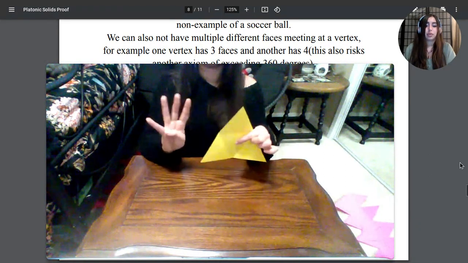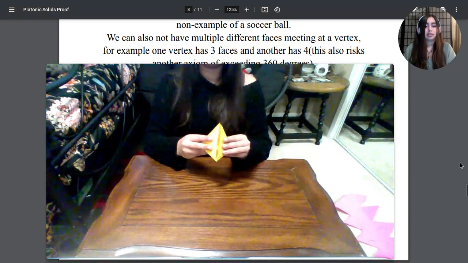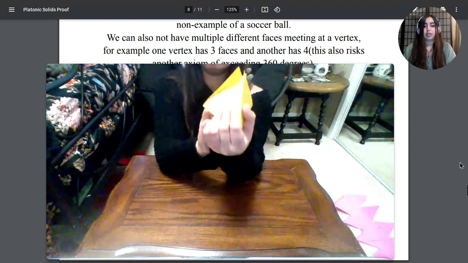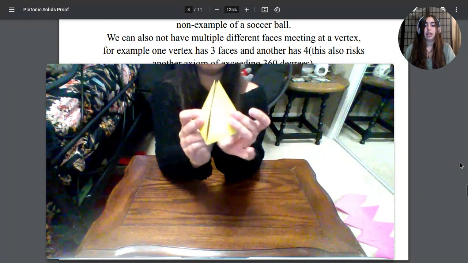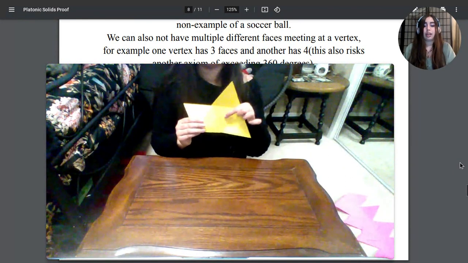So when it has 4 sides, it actually becomes our tetrahedron. And you'll notice that it has 3 sides meeting at each vertex.